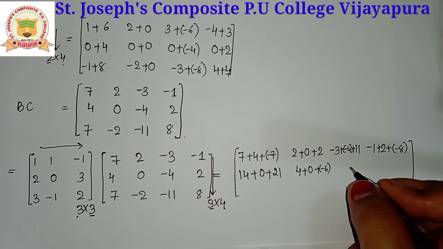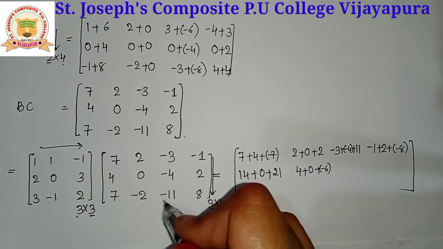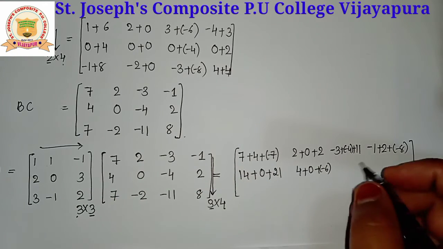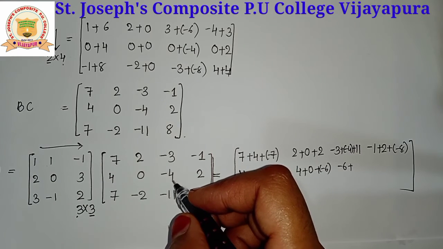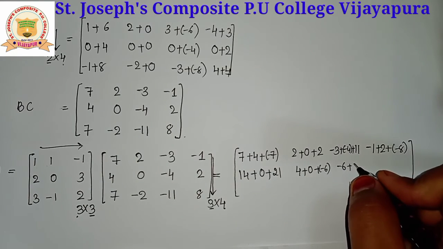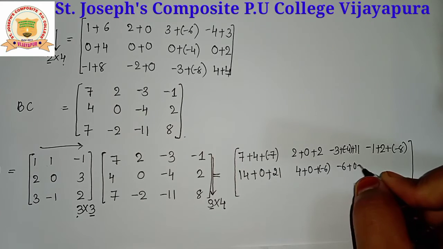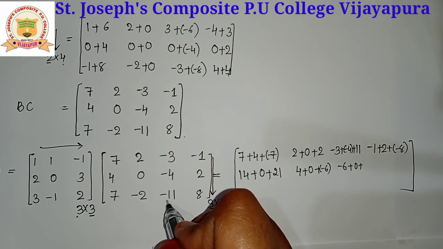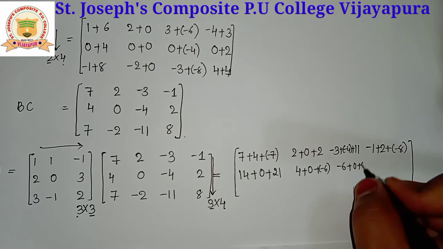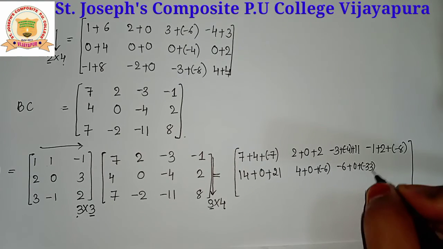Our next element will be A23, second row, third column. 2 into minus 3 is minus 6, plus 0 into minus 4 is 0, plus 3 into minus 11 is minus 33.